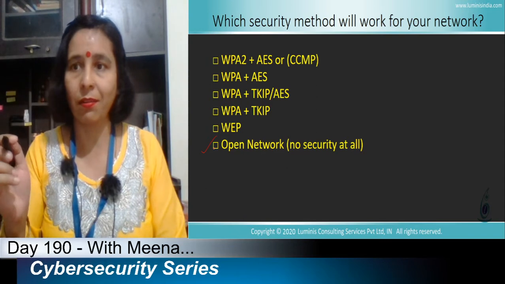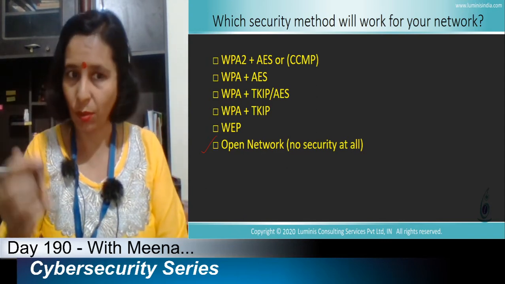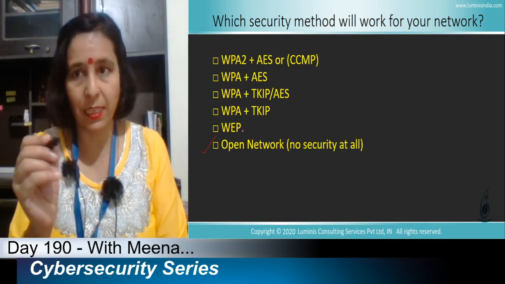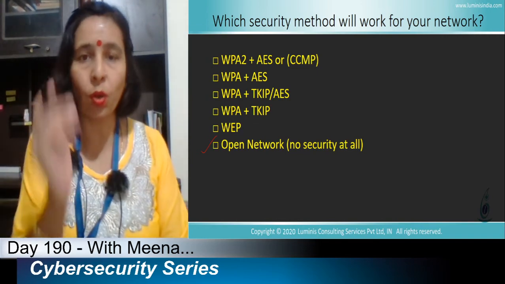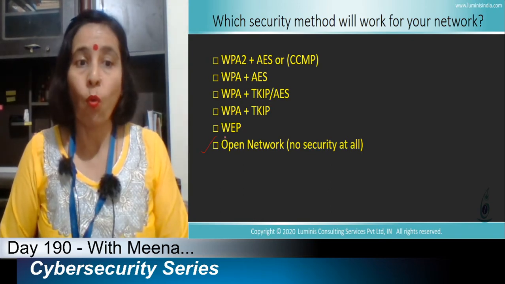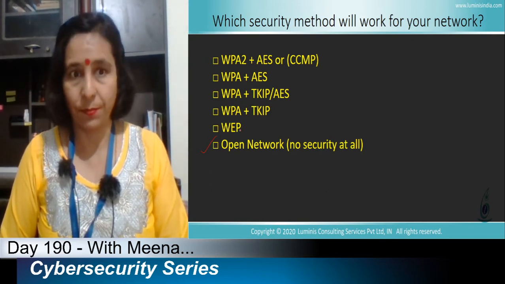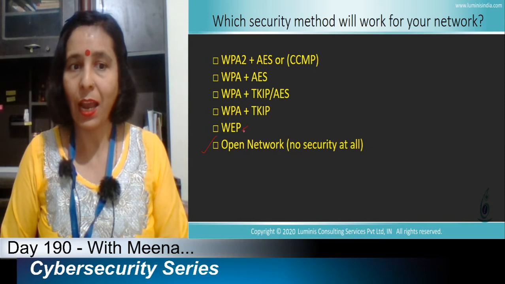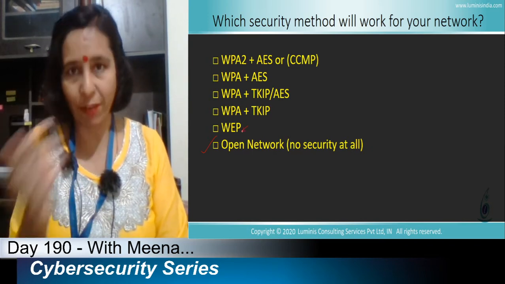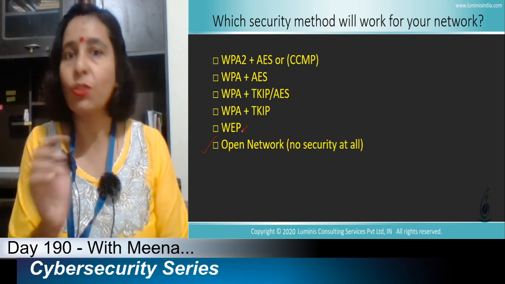Anyone can connect with the Wi-Fi device. Another is, we can say, the first security method developed by the Wi-Fi Alliance, that is Wired Equivalent Privacy. That was the first security for Wi-Fi devices, but it was not secure.